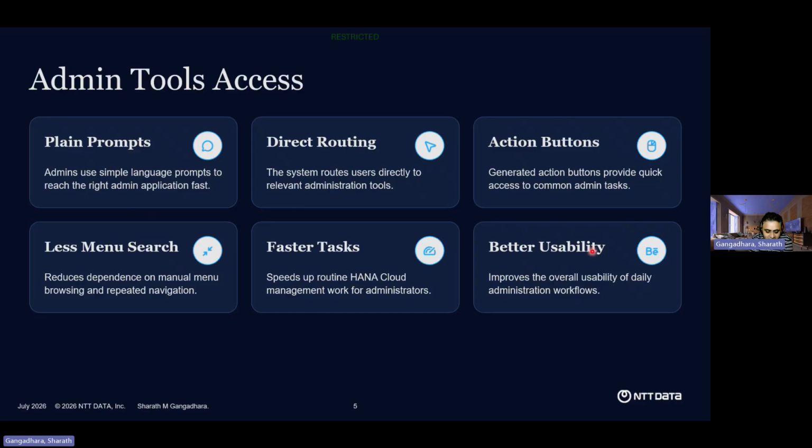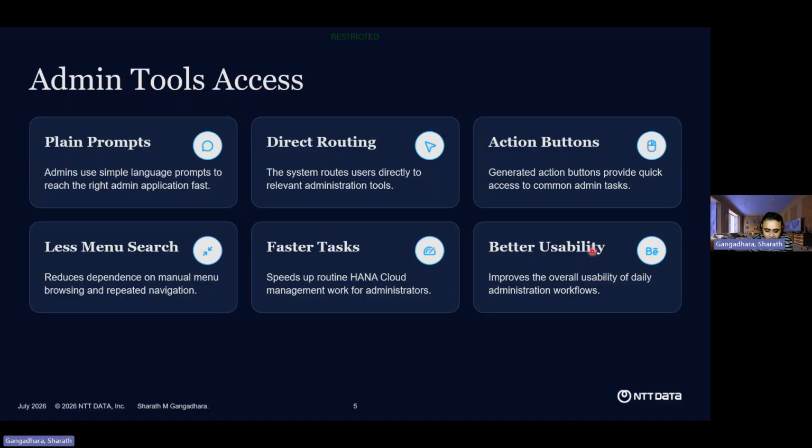As we saw the earlier situation of breaking the barrier or ensuring a last mile connectivity, this feature, what it does is when you prompt for a particular requirement, the Joule assistant will be able to understand the requirement, understand that, okay, the user is requiring a particular app to be opened, and then intelligently navigates to that app and opens the app for you directly.